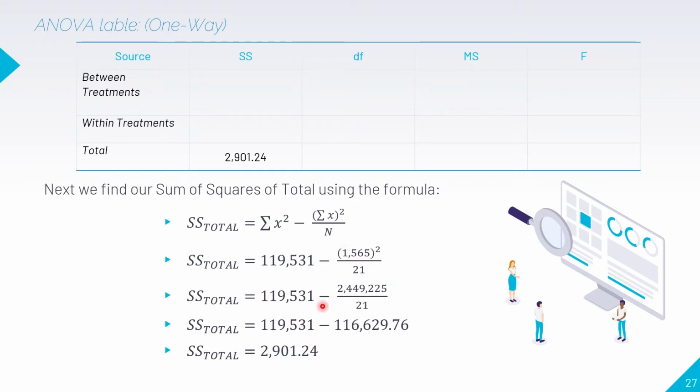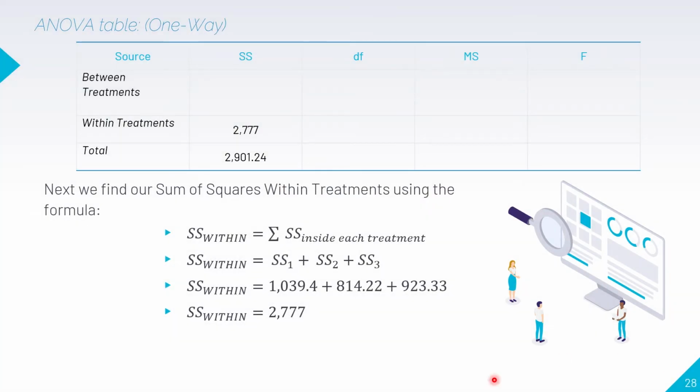So 2,449,225 over 21, we now have 116,629.76. So minus these two values and we have the total, 2,901.24.